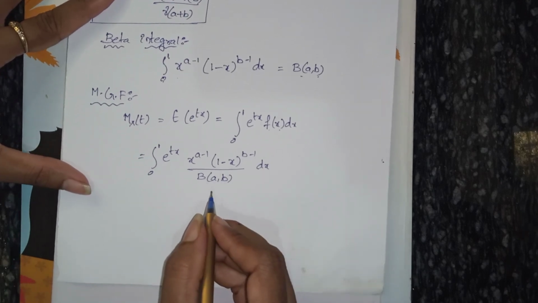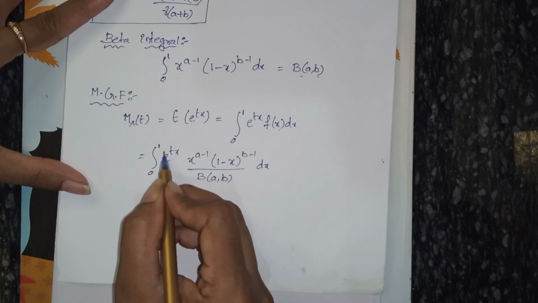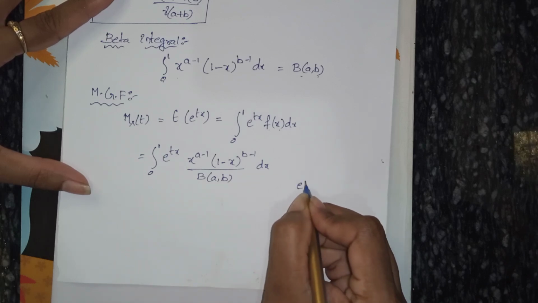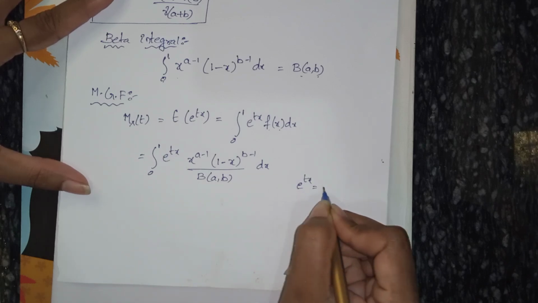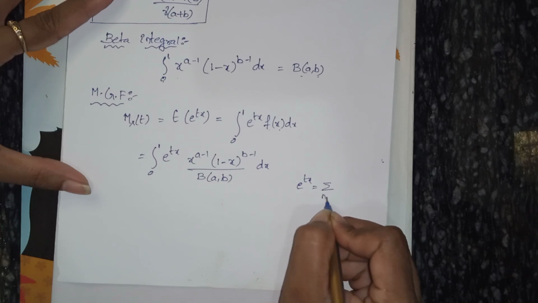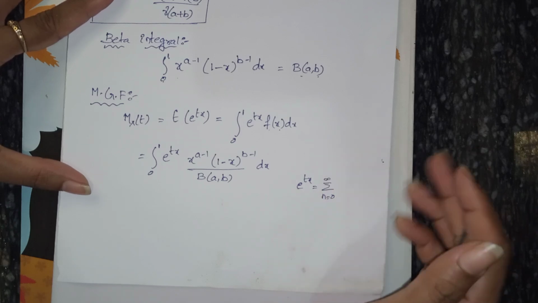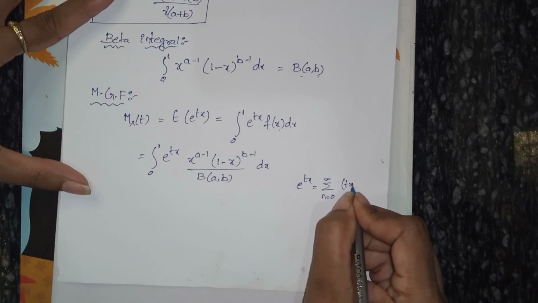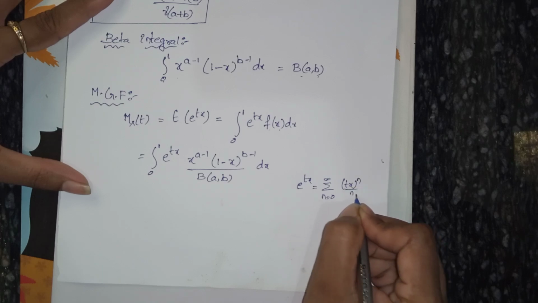First we have to know what e to the power tx is. By using series expansion, we can write e to the power tx as the summation n equals 0 to infinity of (tx) to the power of n by n factorial.